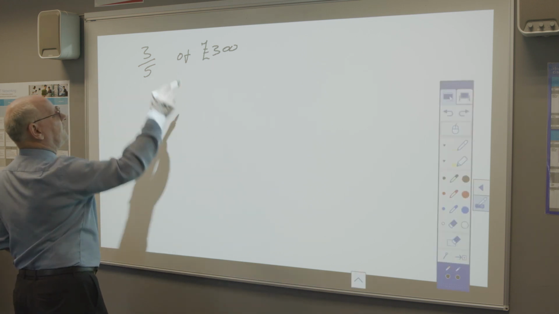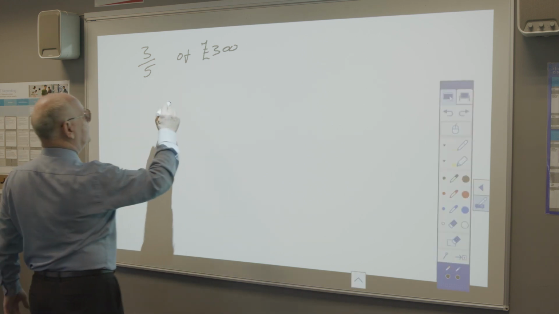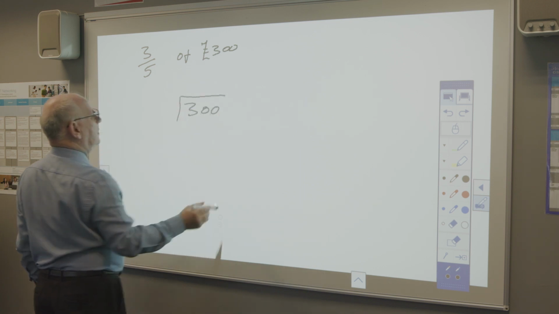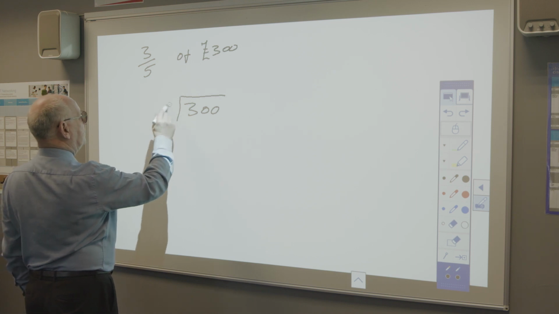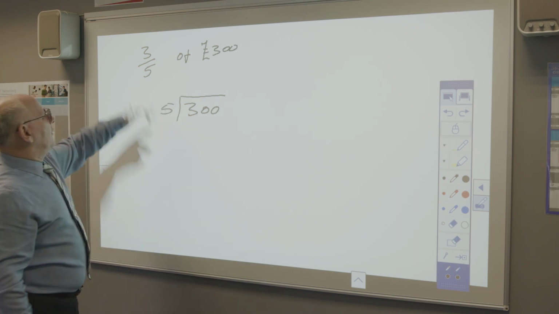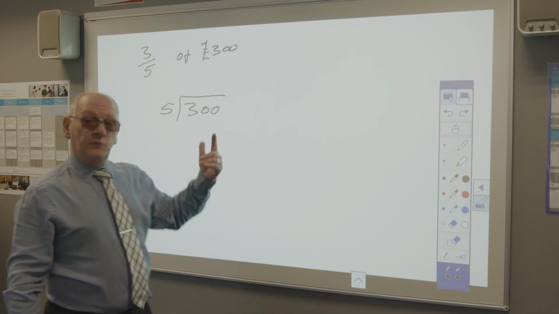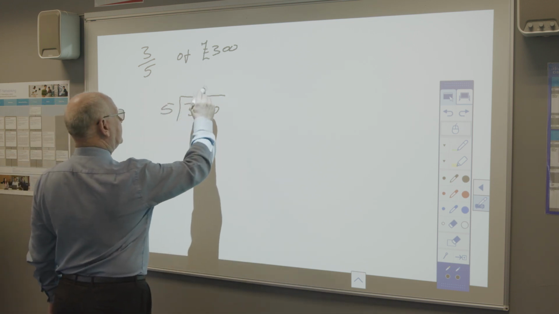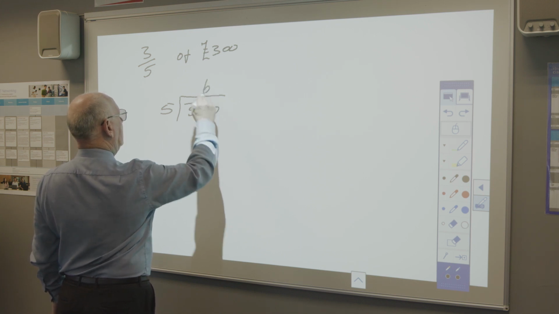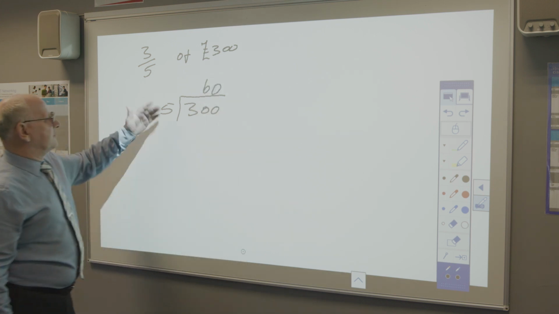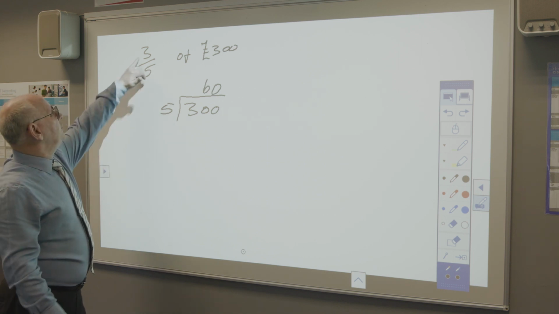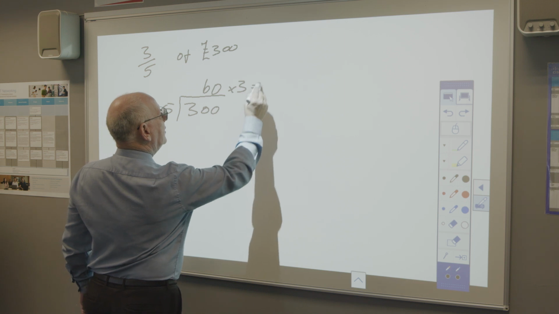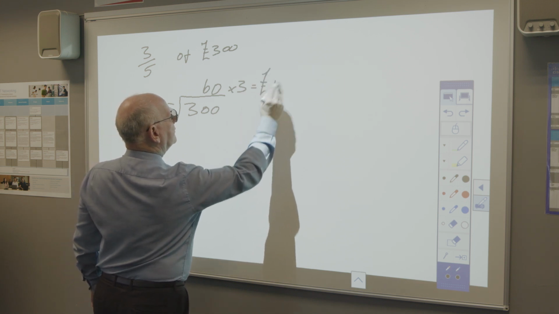So, 3/5 of £300. Two ways of doing it, and this is the easiest. You divide by 5 just like you did with 1/5. 5 into 30 is 6. So we're talking £60 as a fifth. You want 3, so times it by 3, which will give you 180.